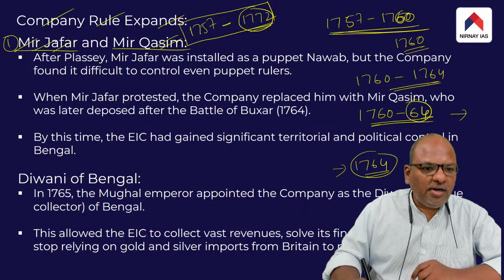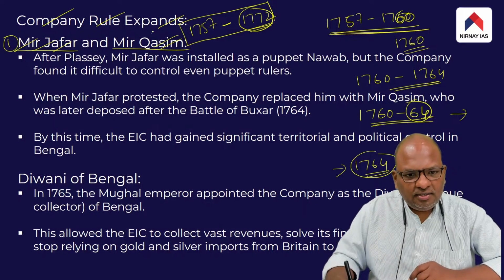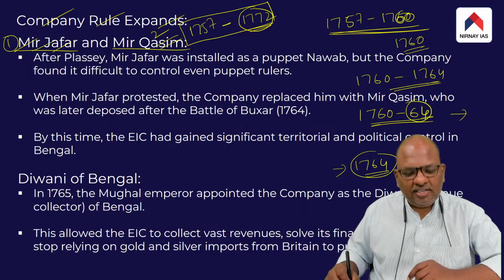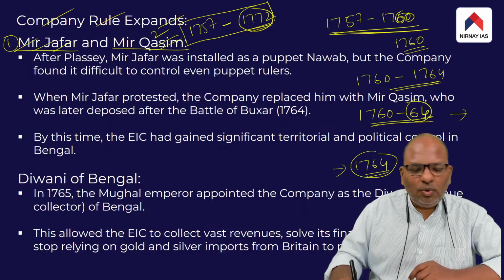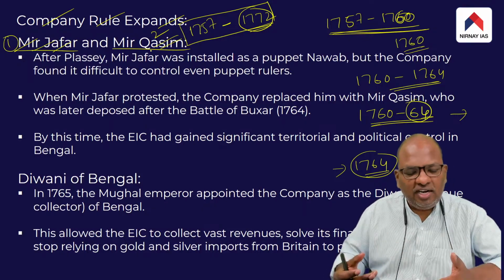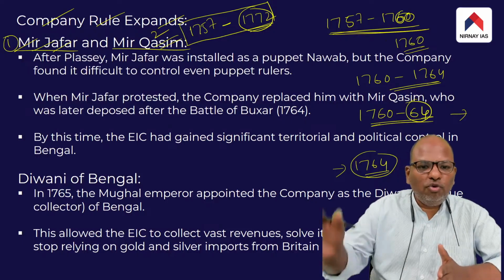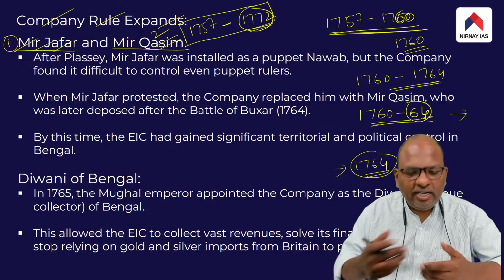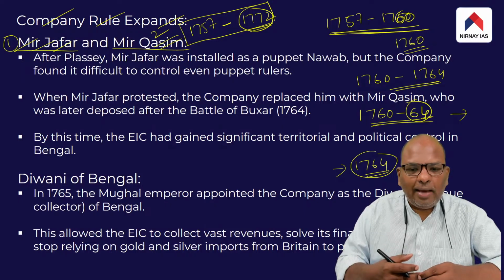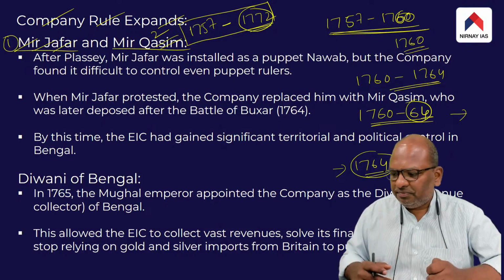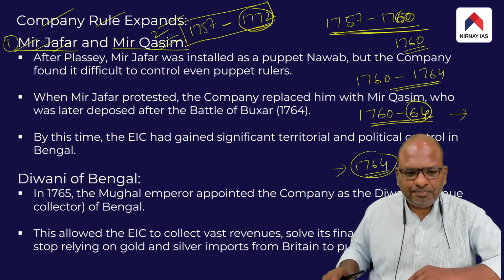Puppet ruler number 1 is Mir Jafar. Then the second puppet ruler is Mir Qasim. When those puppet rulers tried to rule independently, immediately they were removed from the throne and replaced by individuals who were more amiable to the British. This is what happened.